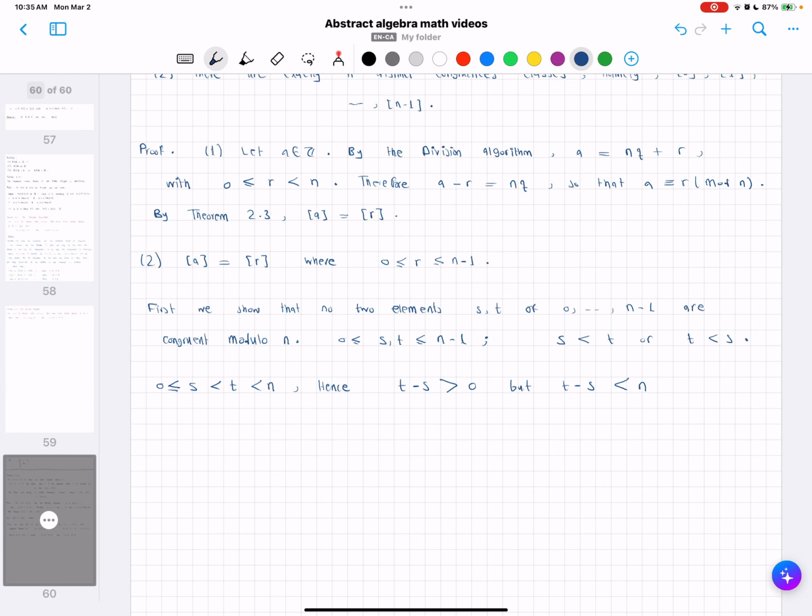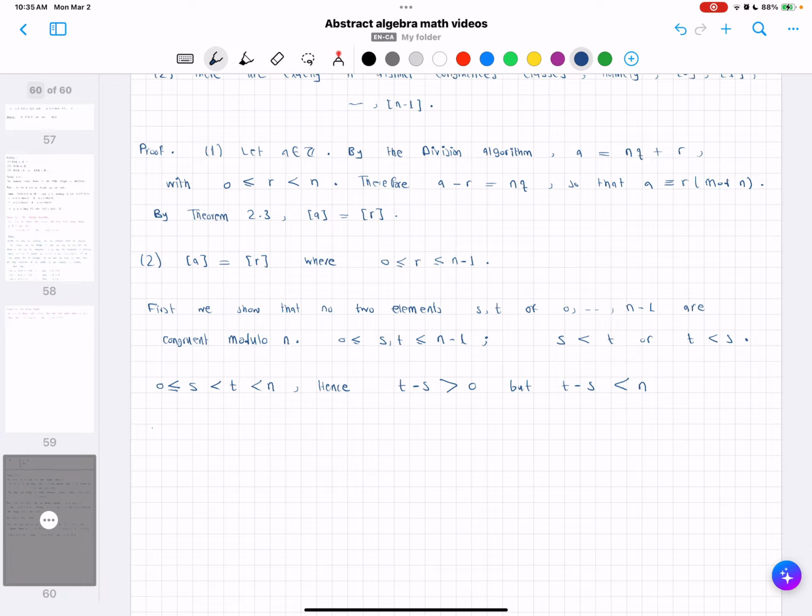So we cannot divide n by T minus S and get a quotient. And so that means that T minus S is not divisible by n. So they are not congruent modulo n.